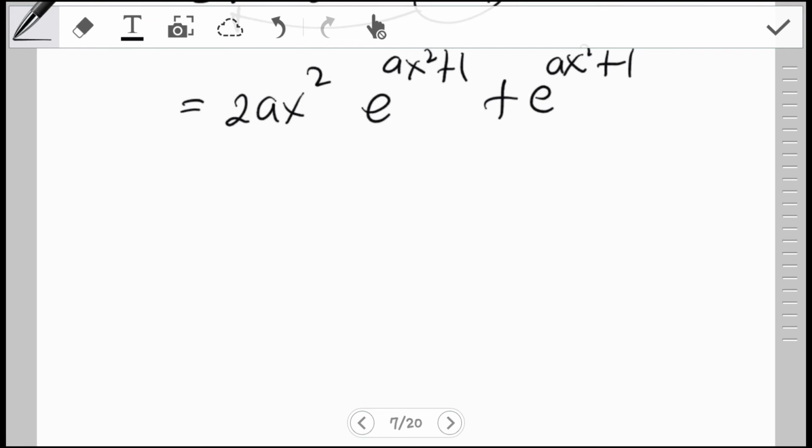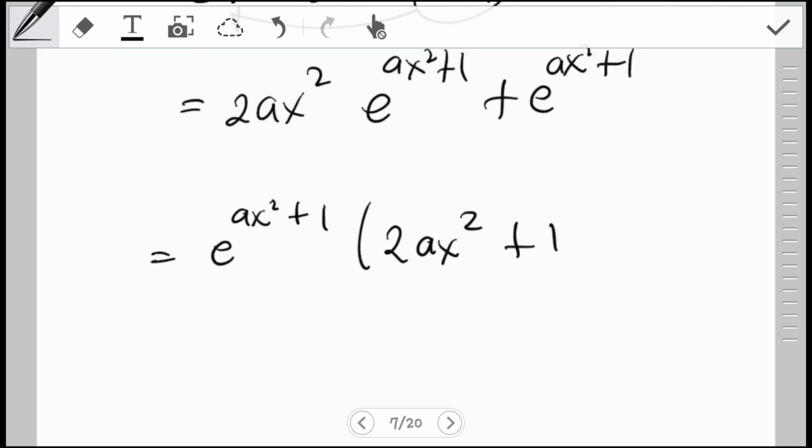Okay, so factor out e to the ax squared plus 1, so that is 2ax squared plus 1.